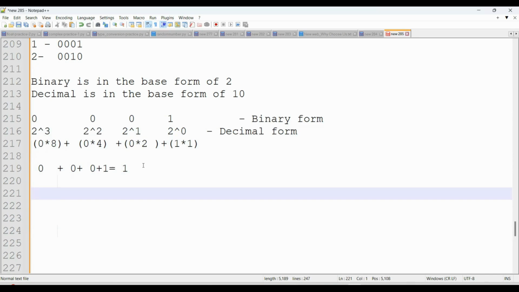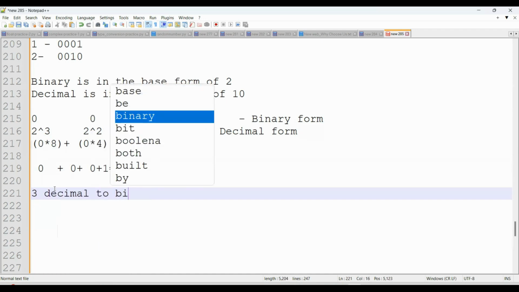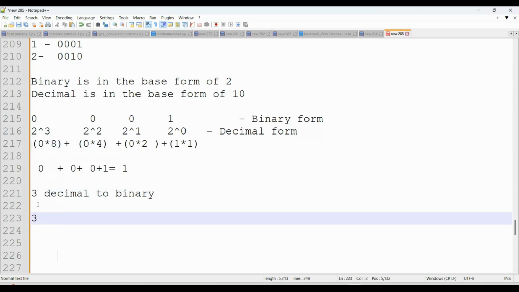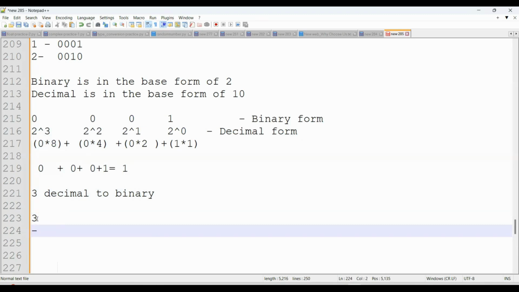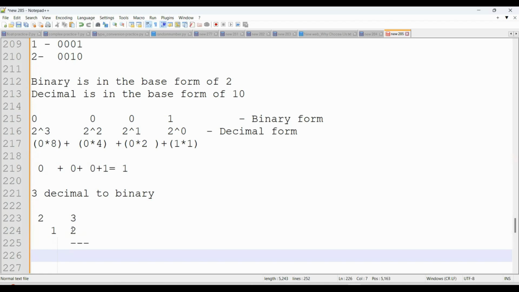So by understanding this, we can write 3. If you convert the 3, again how to convert 3, which is a decimal, to binary? Let me explain this. 3, take 2, 2 1 ja 2. So what is the remainder? 1. So here first we need to take the remainder 1.